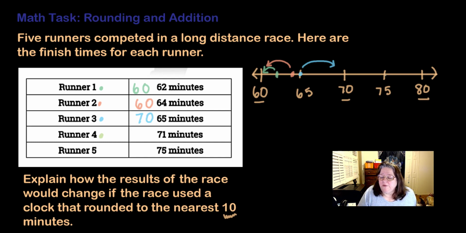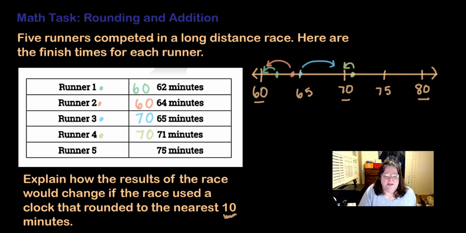This is 70. This is 75. So we can count 70, 71. That'll be right about there. And is that closer to the 70 or closer to the 80? Well, it's lower than 75, so it would round to 70.